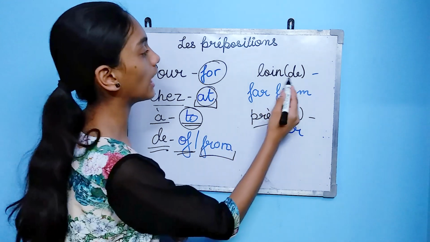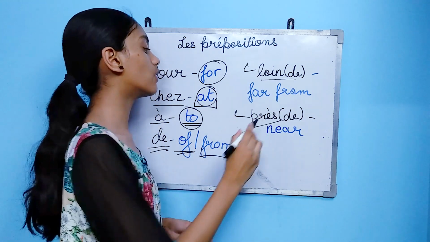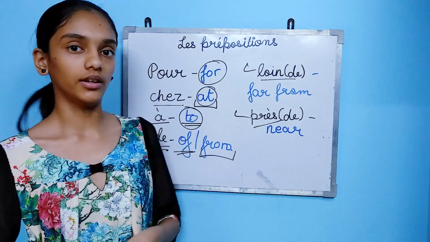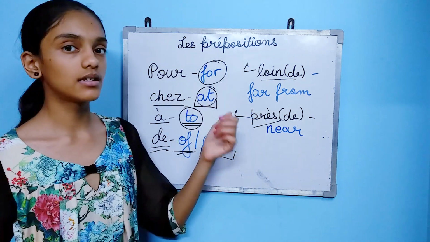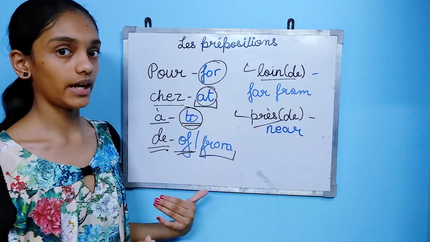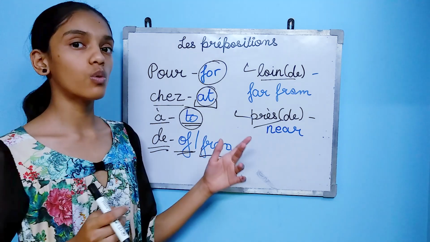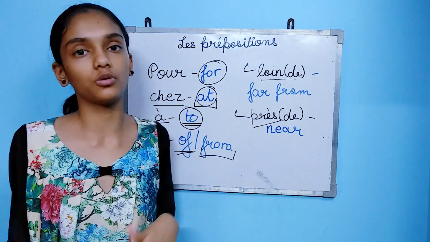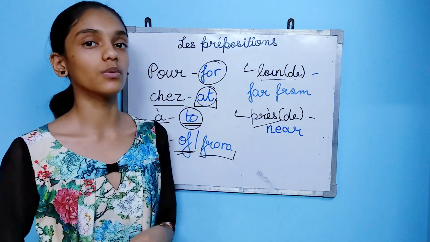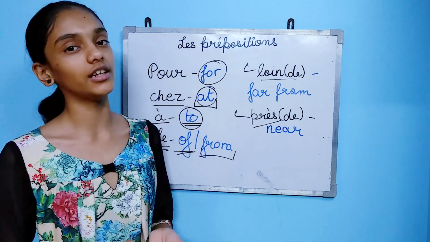So près de and loin de are also opposites of each other. So pour means for, chez, at, à, to, de, of or from, loin de, which means far from, près de, which means near to or near from. And these were all the prepositions we are going to learn in this video.